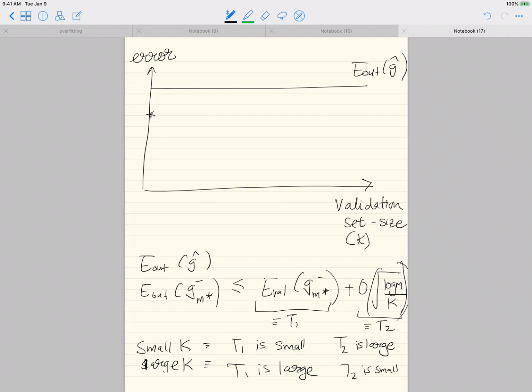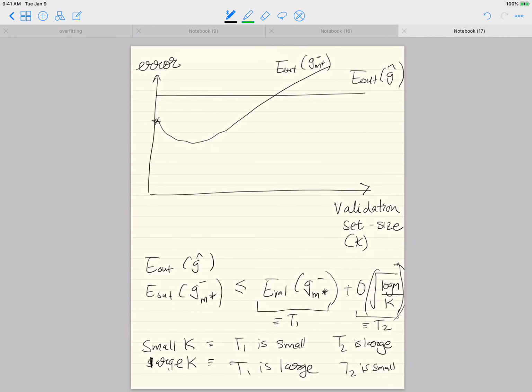T2 is small because this is going to be small, so you have a good approximation between the validation and the output. So the shape for this function will look like this. This will be E out of G M star minus, right?